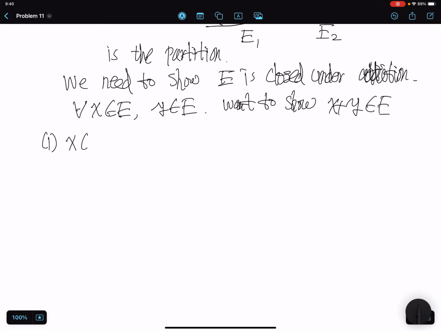If X is a rational number and Y is also a rational number, then this is a simple case.